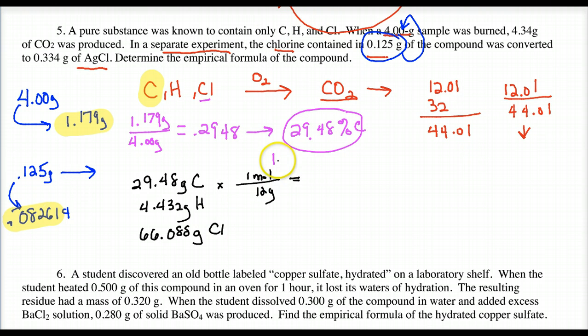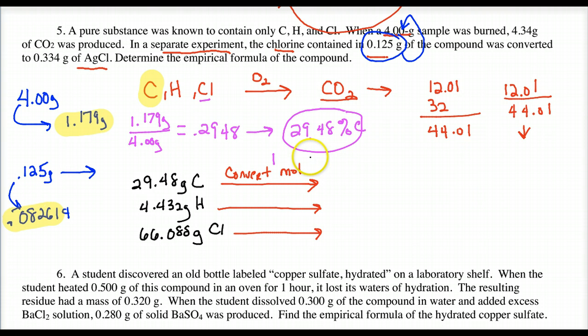Okay, so let's do that. 29, so I'm converting to moles. I'm dividing by 12, and that gives me 2.457. Again, I don't have to use the exact values given here because we're finding ratios.